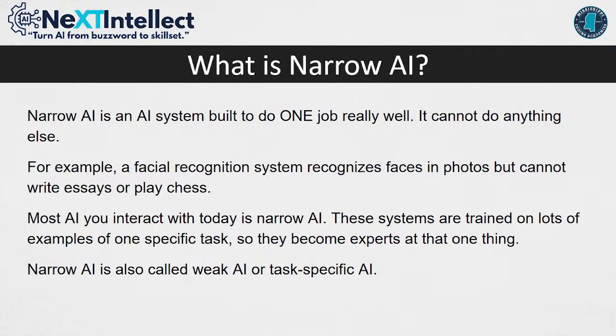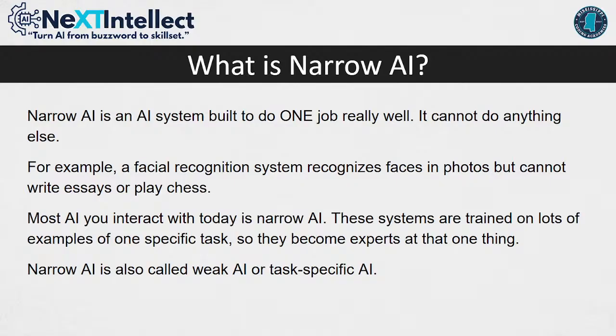So the example here is a facial recognition AI system is trained to recognize faces in photos, maybe in video, but it's not writing essays. It's not playing chess. Most AI you interact with today, where we are at today, is narrow AI.